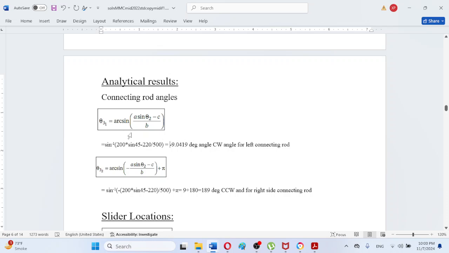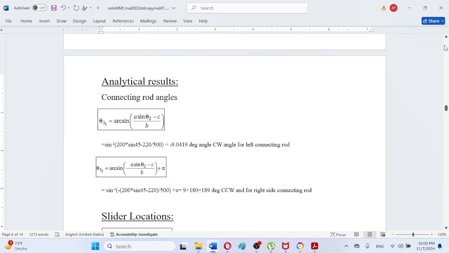is actually resulted from the theta 3 1 formula, but this negative value actually denotes that the angle is measured clockwise from the positive x-axis, and that is equal to 9.0419 degrees.